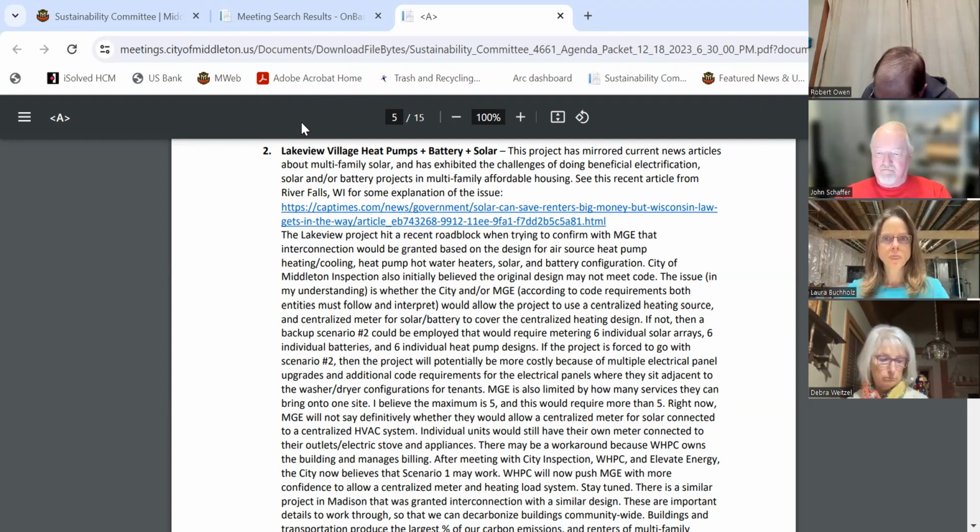I think people in Madison are trying to figure this out as well. So it just really highlights to me how there are challenges with solar and multifamily, and it's not just an easy fix. And I'm worried that the people who can afford solar will adopt it during this period of time when there's all this federal funding.